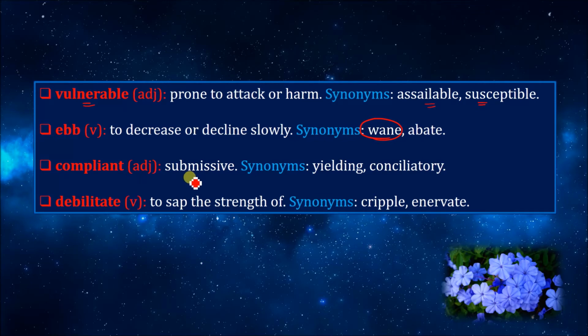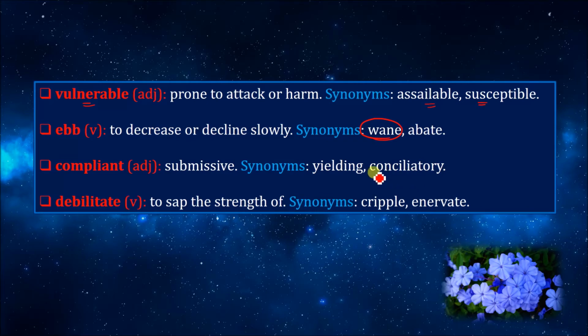Compliant, submissive. Yielding, conciliatory. Conciliatory: you reconcile, you become friends again. So concile means to become friends. Conciliatory means wanting to be friends or making amends.